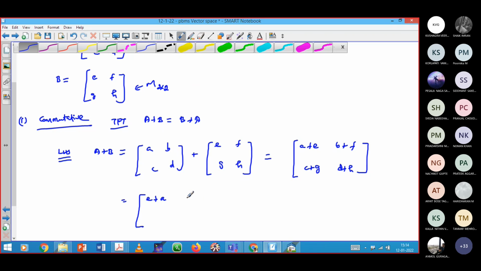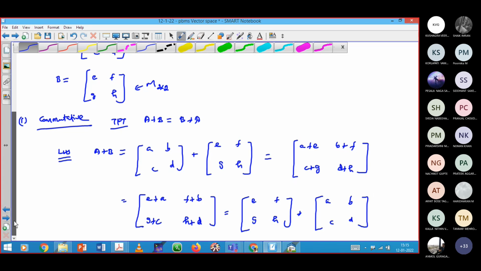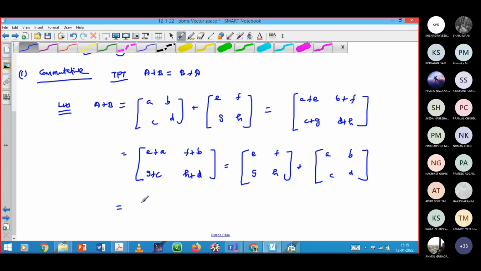Likewise, I can follow the same in the second row: first element G plus C, then H plus D. After this, I can split it separately like E, F, G, H plus A, B, C, D. It is well split: this is the first part, that is B, this is A.